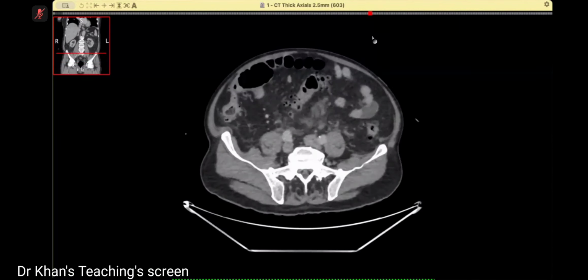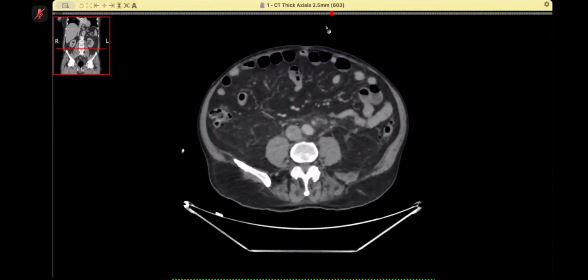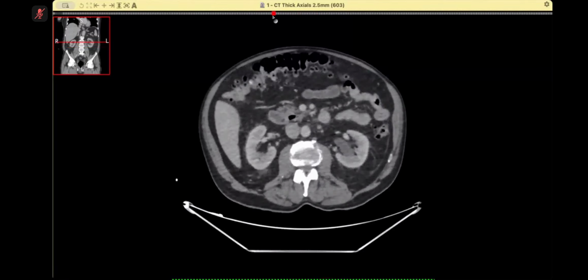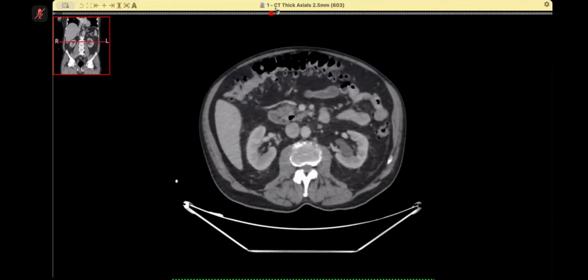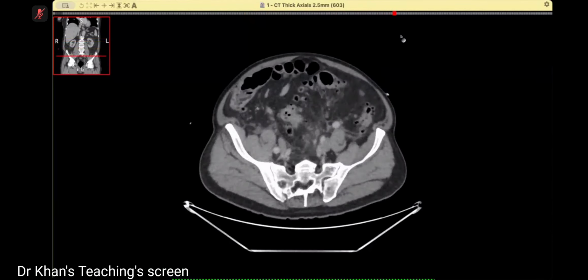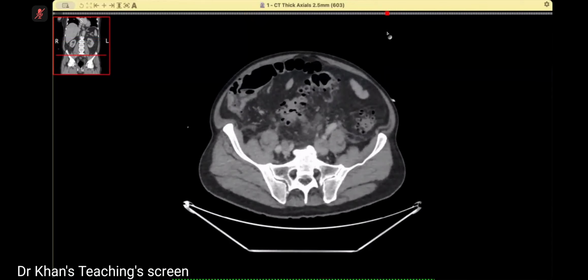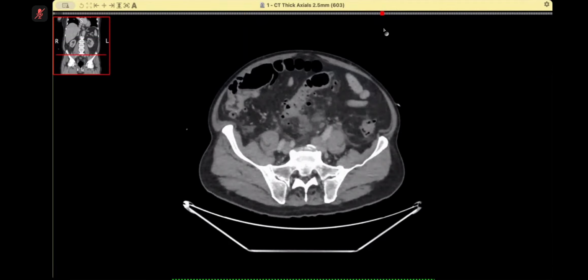So what is your conclusion? Sir, there is mesenteric panniculitis, and in the region of the sigmoid colon I can see extensive fat stranding related to the wall of the sigmoid colon.